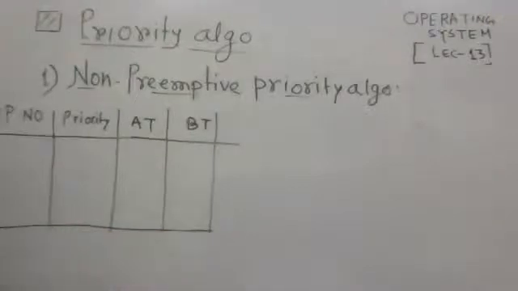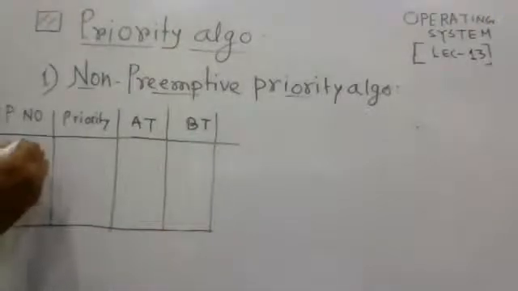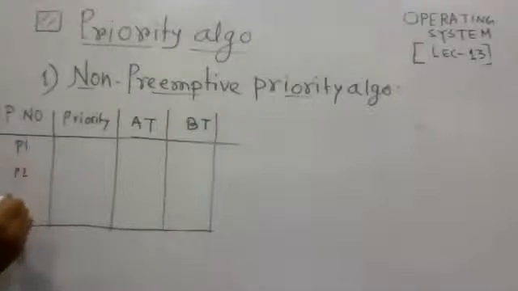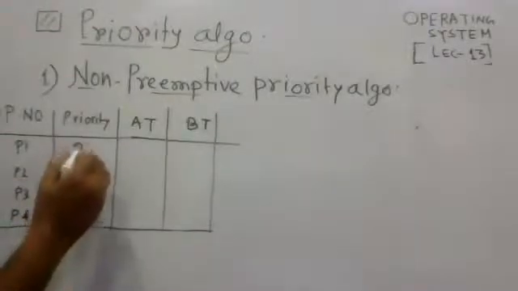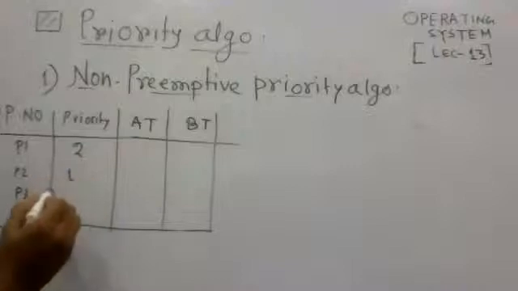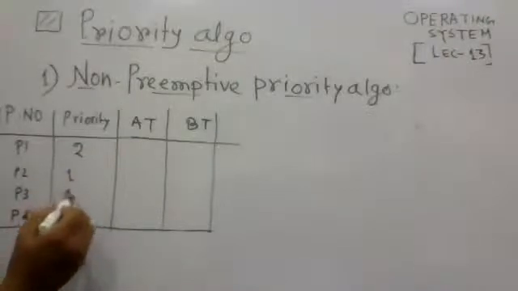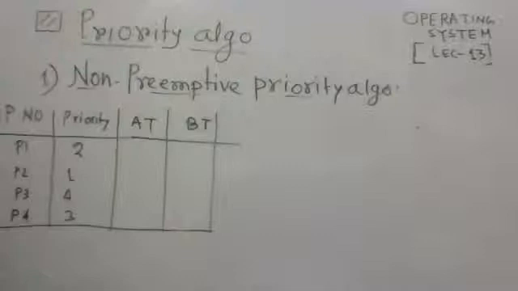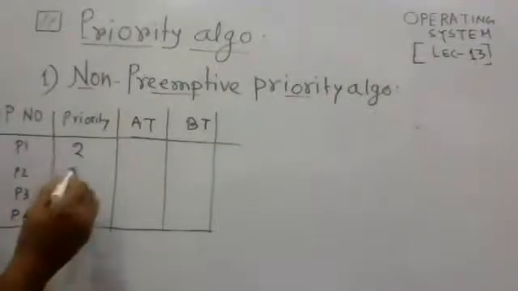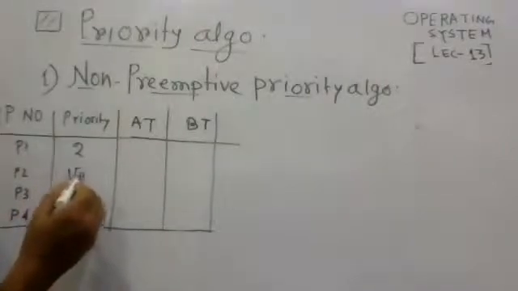Suppose here we have processes P1, P2, P3 and P4, and priority given 2, 1, 4, 3. Here we assume the lowest number as the highest priority, so it is actually highest priority 1.